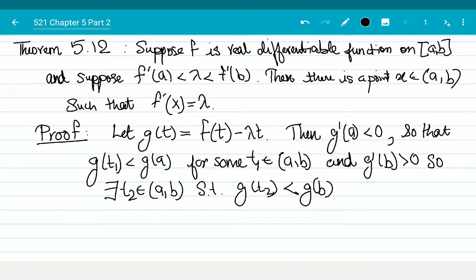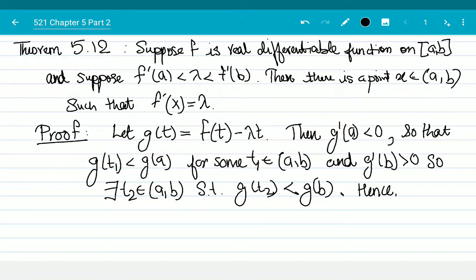Did I say things wrong? g of t1 is... Right. No, no. Okay. Uh, no, this is fine. Yes, both sides are correct. Okay. So hence, you have something that is smaller than g of a and smaller than g of b. It is going to a minimum, so there should be some minimum on [a, b] since g is continuous.